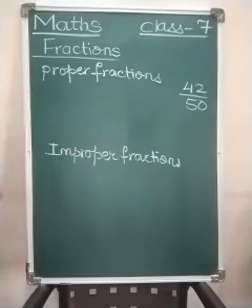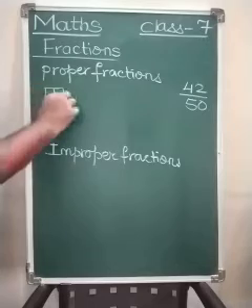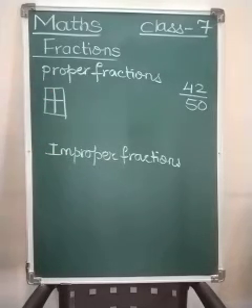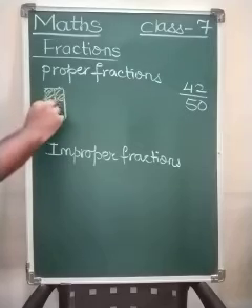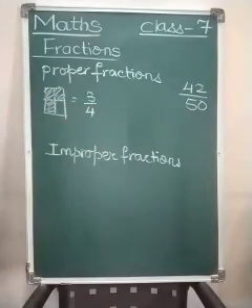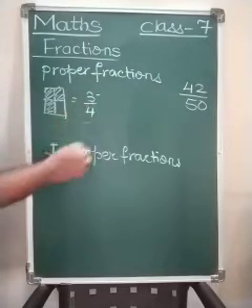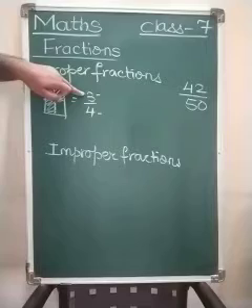Suppose you take a chocolate and you have divided it into 4 parts, and out of 4 suppose you are taking 3 parts. So the fraction becomes 3 upon 4. So here this is the numerator, this is the denominator. We see that out of 4 we can take 3.